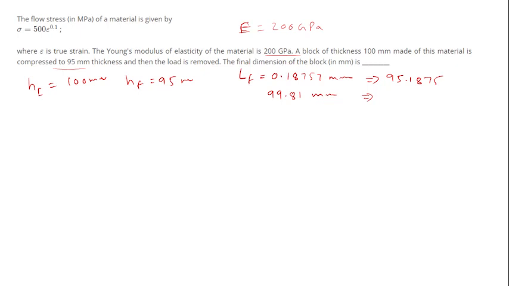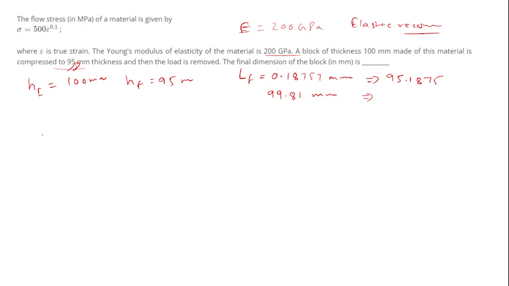After removal of the load, there will be some elastic recovery. Whatever elastic deformation was done in your material or workpiece will be recovered. So in this question, we just need to find the elastic recovery and add it to our final thickness, final height, because it will recover and increase. So first, let's get the elastic recovery.